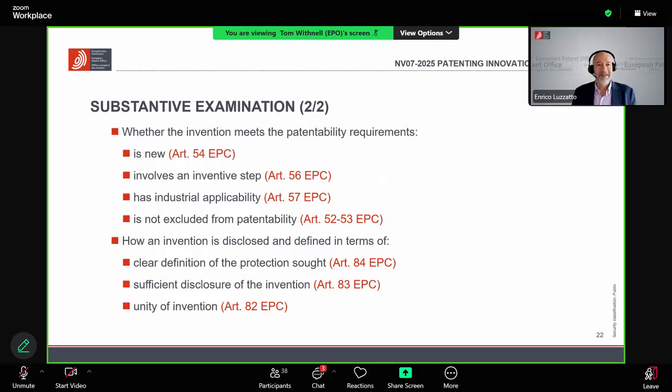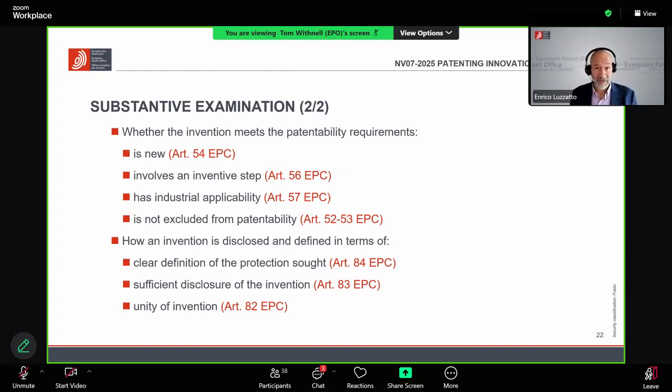To get to grant, of course, a patent application and the invention need to meet all the requirements of the European Patent Convention, EPC. The invention needs to meet the patentability requirements: it must be new, must involve an inventive step, must be industrially applicable, and not be excluded from patentability.